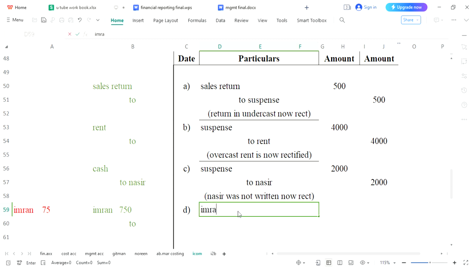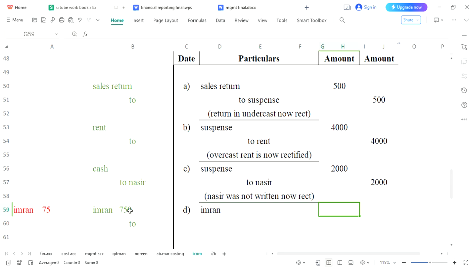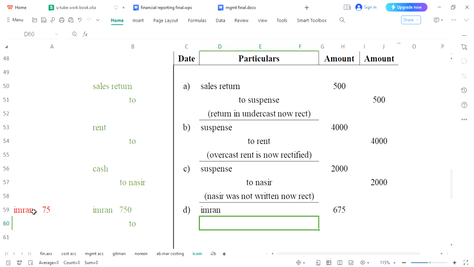So Imran would be written on debit side, and how much amount? Out of 750, 75 is already written. So what you will do, the difference of this amount would be written over here. So 675 was not written, we realized, and now we have written.